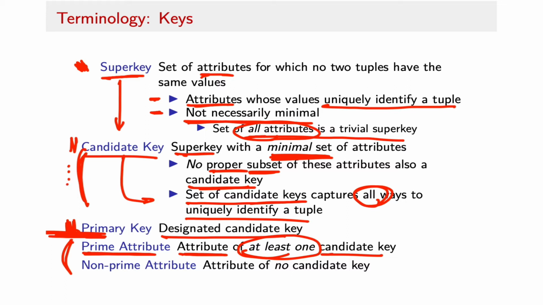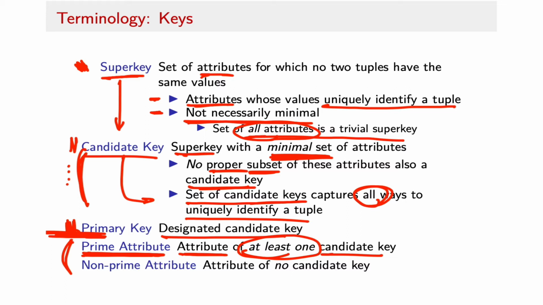So we might have several candidate keys for a particular relation. And if we take all those candidate keys and take the attributes that are in all of those keys and group them together, or union them together, right, that set of attributes, or columns if you're thinking in terms of tables, form what are called the prime attributes. So a prime attribute is just one of the attributes that's in that set of all of the attributes used in candidate keys.